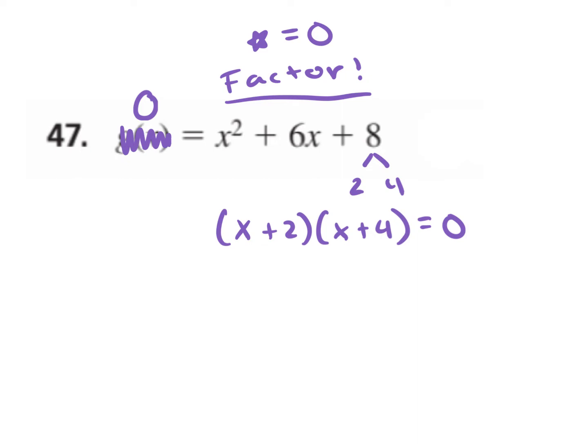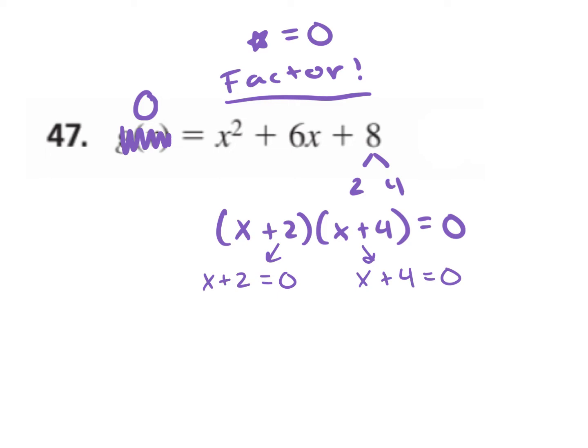If we FOILed, we would end up with the original question. So we're trying to break it down. Awesome. We set each parentheses equal to 0 as our own little equations. So x plus 2 is equal to 0 and x plus 4 is equal to 0. So we just break these up into two little equations and solve.